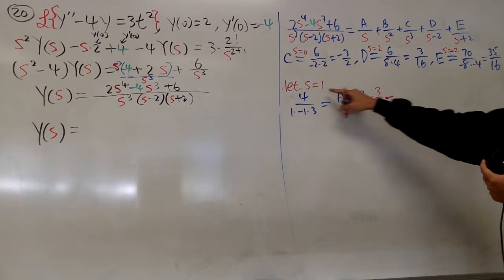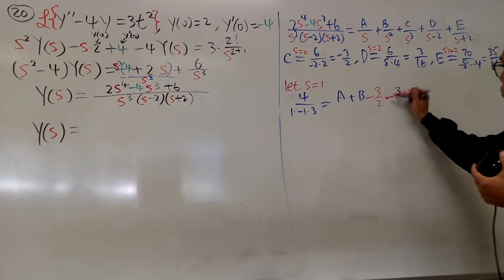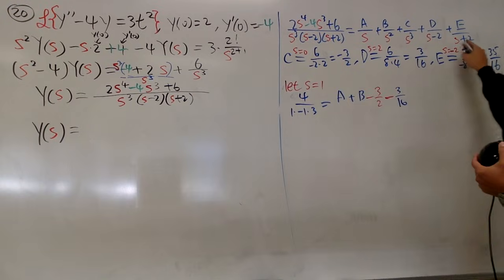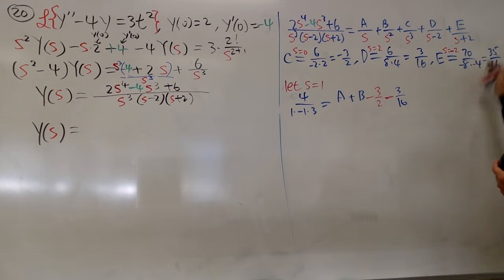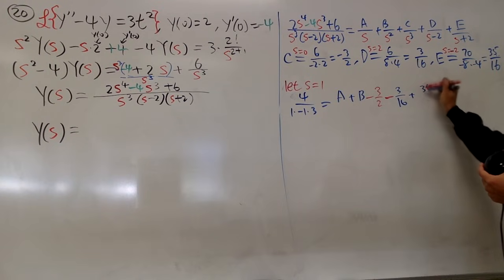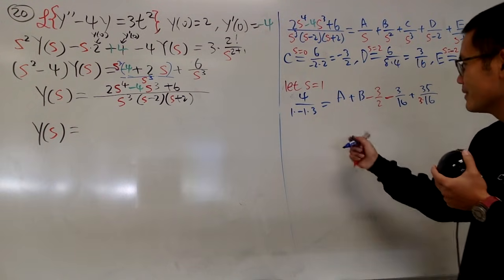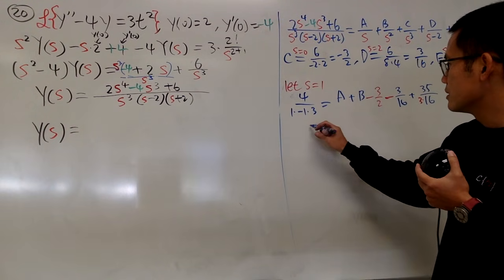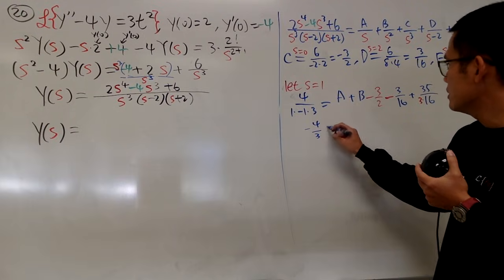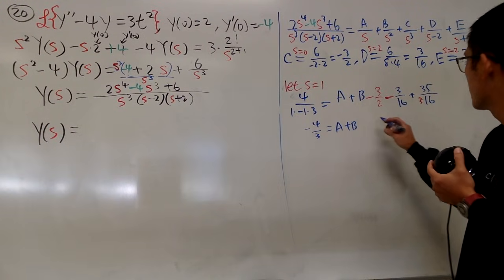So remember, 1 minus 2 is negative 1, and D is that, so it's minus 3 over 16. 1 in here is 3. 3 put it here, so it becomes plus E, which is that, 35 over 16, but you have 3 like this. This is negative 4 over 3 equals plus B.